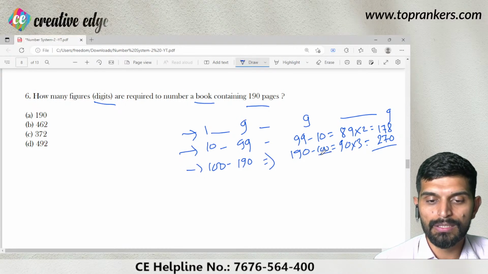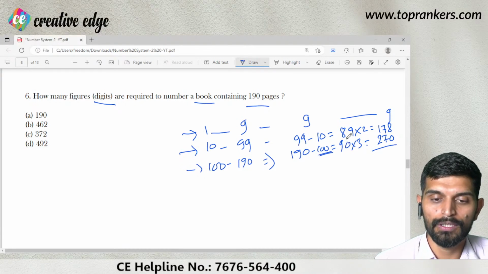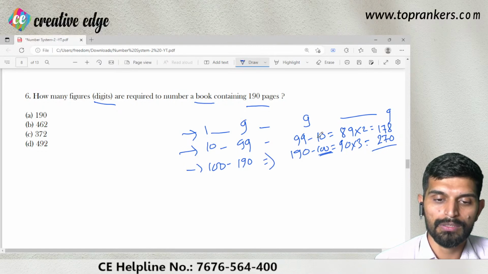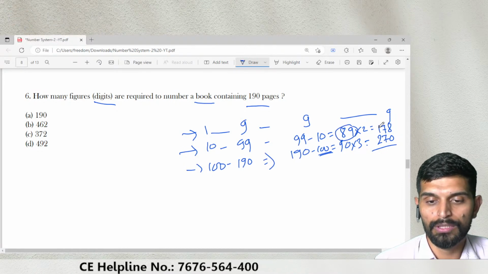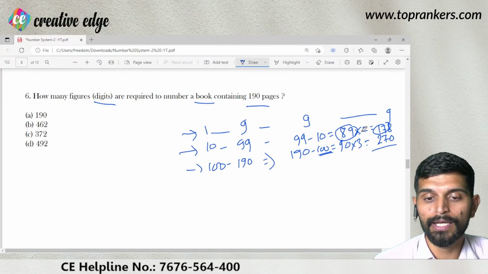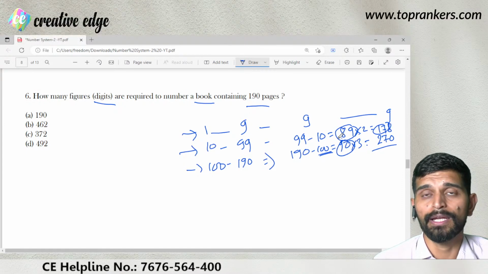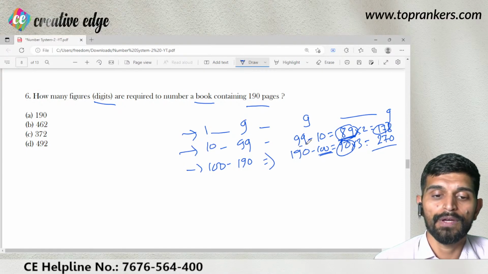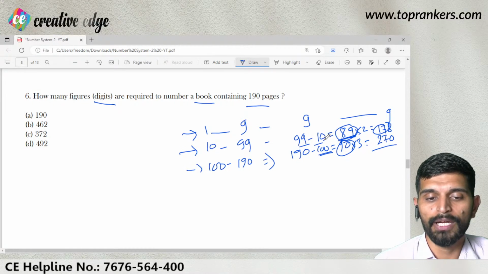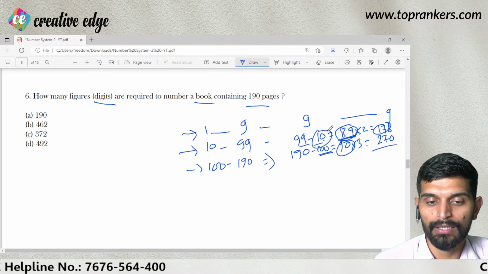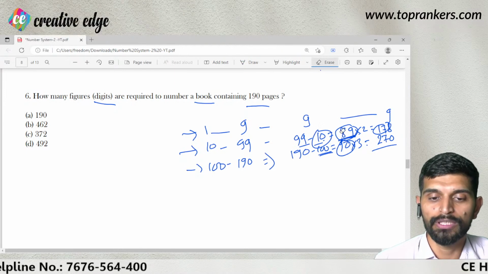But in this case, we need to correct this, because if you are doing this 89 and 90, you are committing an error, because when you subtract 10 from 99, you leave out this 10, right? That is also a two-digit number.